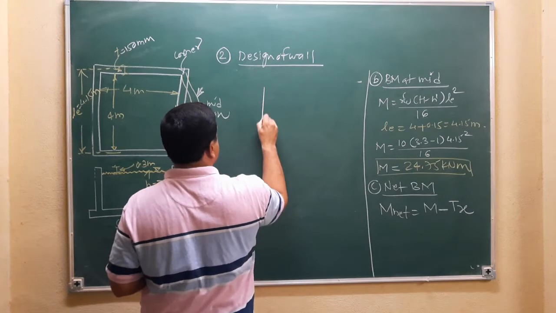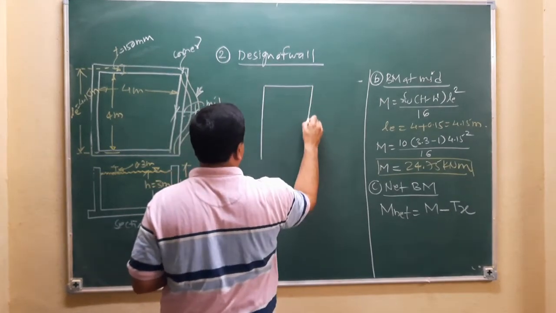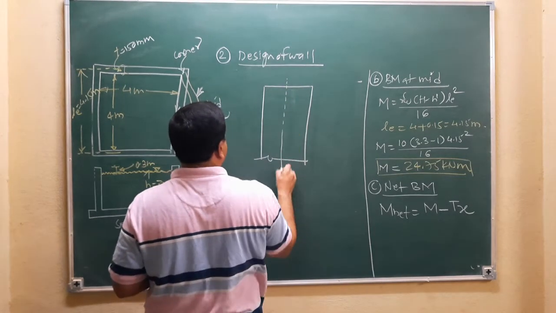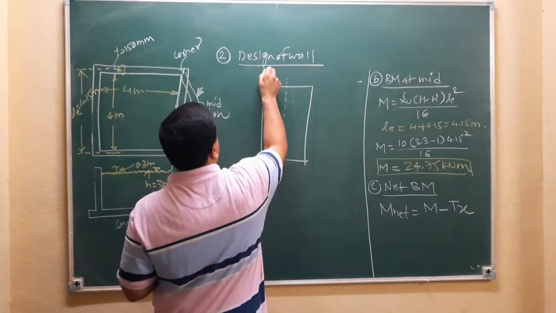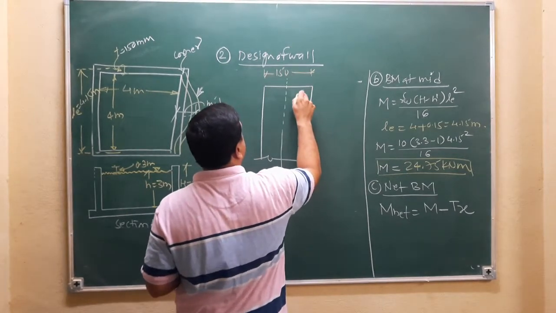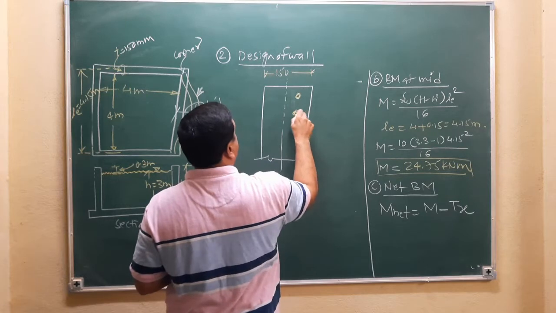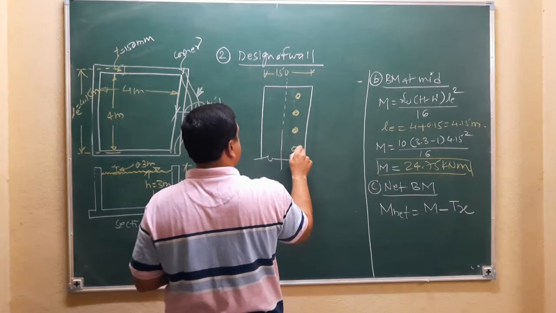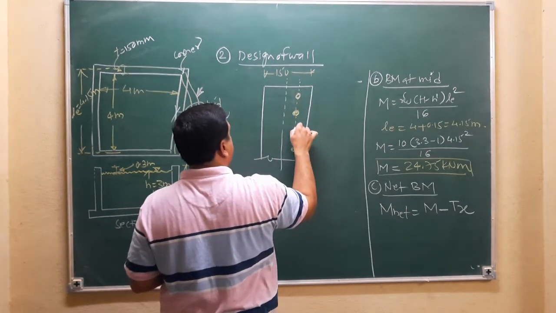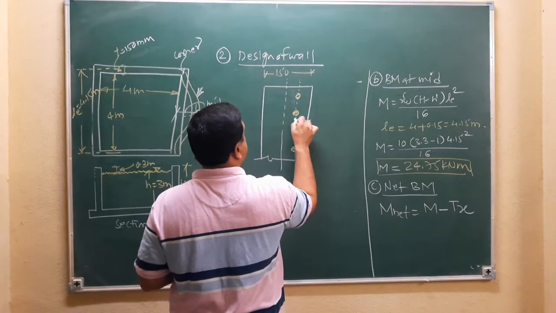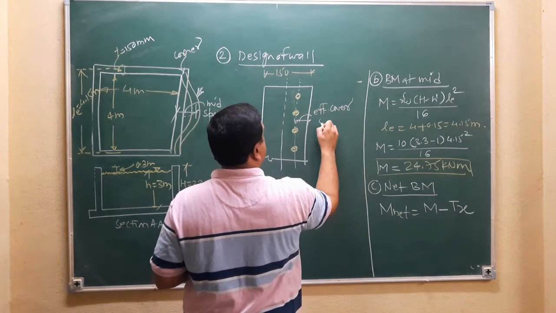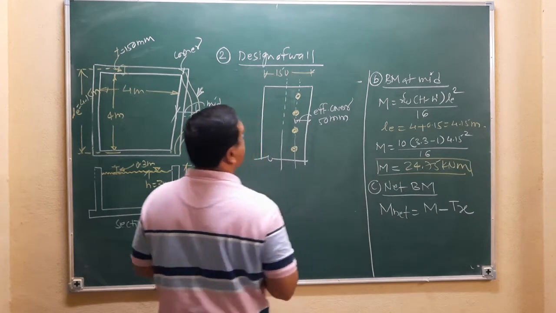So you have to consider the wall. This is your wall, and this is the center line of the wall. The overall thickness of the wall is 150. You have to provide the reinforcement at this location. This is the alignment of reinforcement, and assume effective cover is 50 mm.